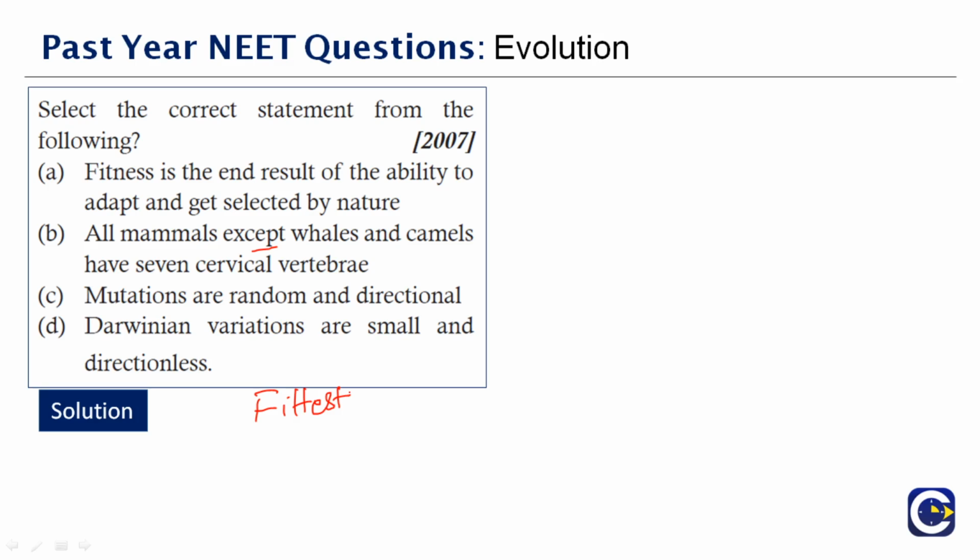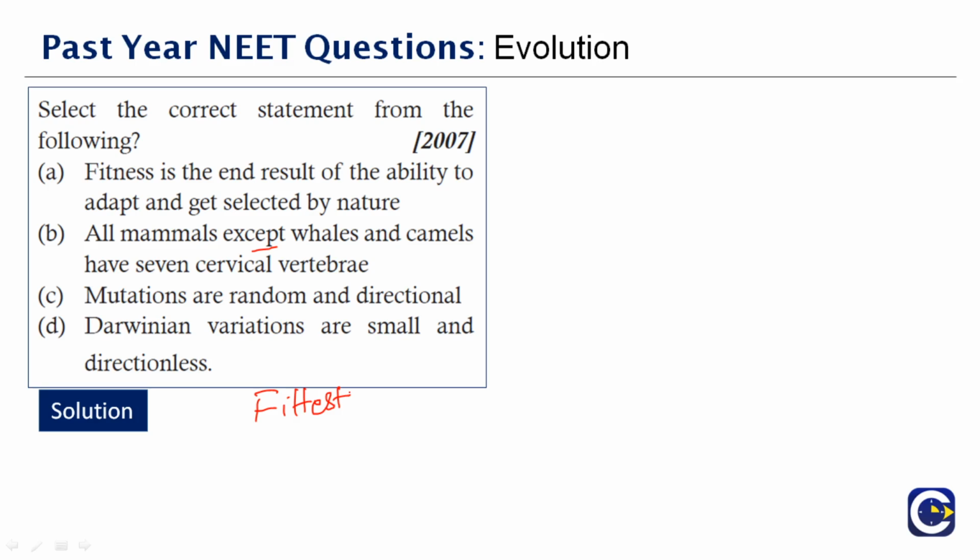Those who are able to adapt themselves are surviving in the ecosystem. For example, if you look into extinct species, let's take the dinosaurs itself. It was a mass extinction that happened. So adaptation plays a very vital role in life.